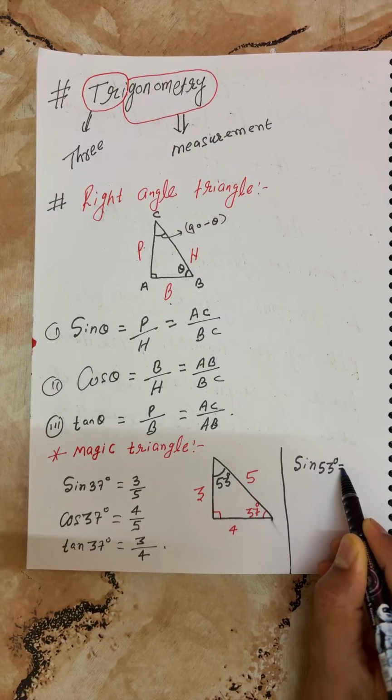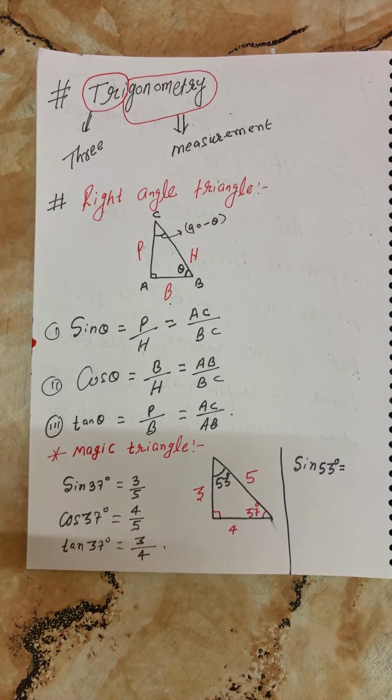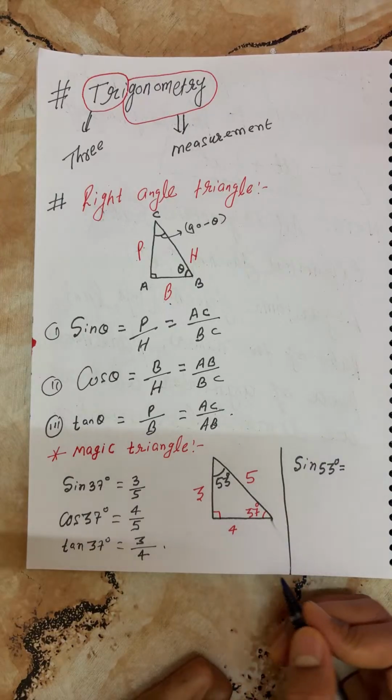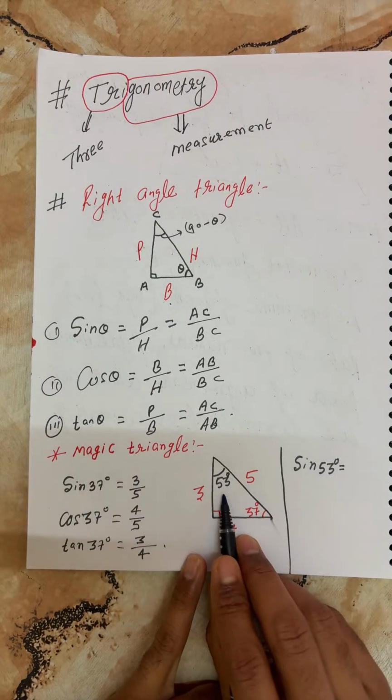Tell me, everyone, sin 53, in the chat box only. Every kid, tell me in the chat box. This is your angle right now.